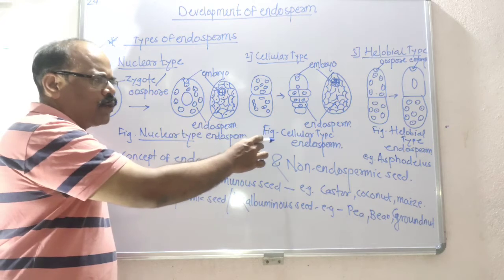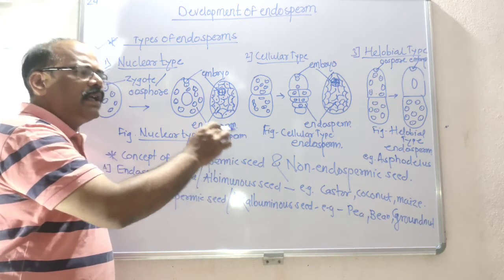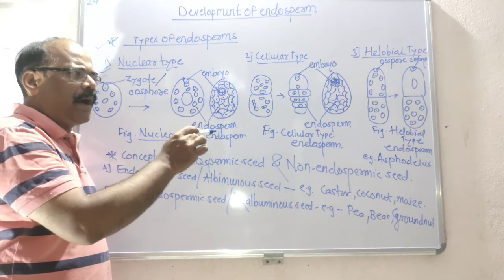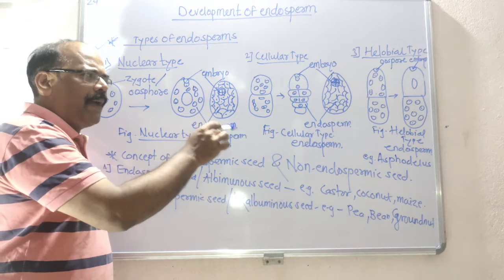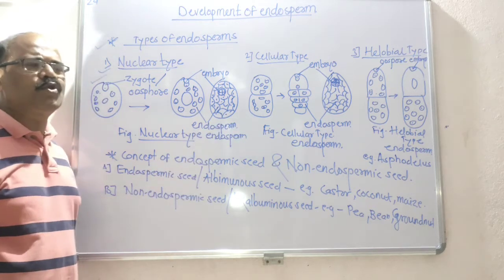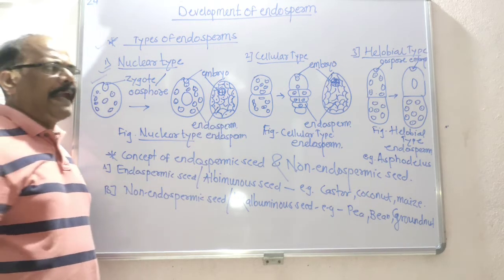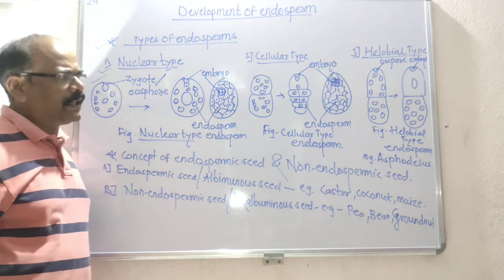It is found in 72 dicot families of angiospermic plants.